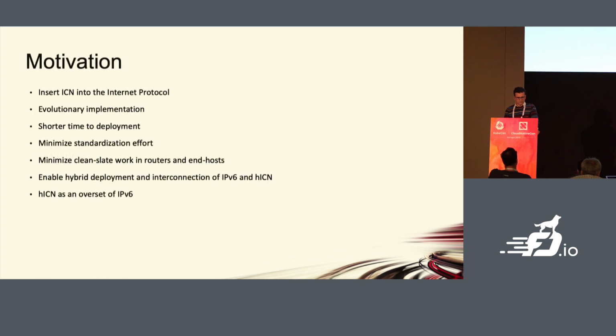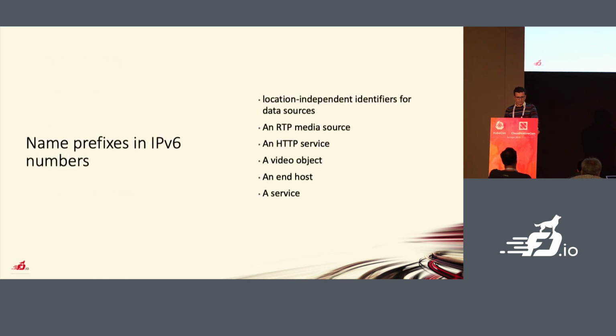So let's go a little faster to hICN. This very short introduction is about hICN, with the high-level principles. hICN is available in software and is made available in IPv6, which means that the location-independent name I mentioned before is an IPv6 address. It is used similarly to what you may think about in multicast, but it extends to many other applications like RTP and HTTP.